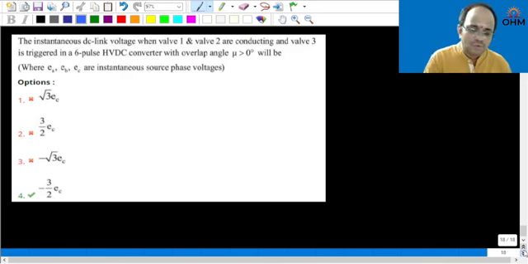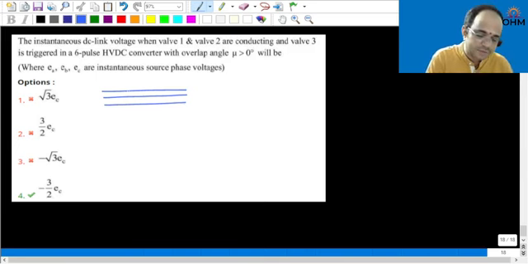Okay. Now, what condition is given here? Valve 1 and 2 are already conducting. Okay. Now, say for example here, this is the condition given.